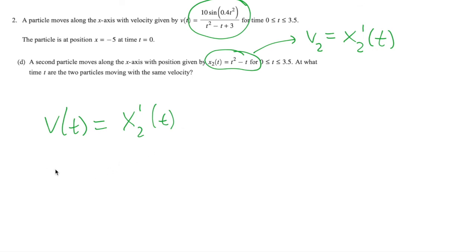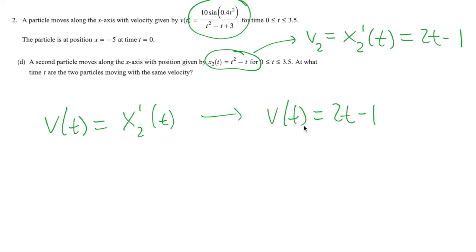The derivative of this is something that you can do. The derivative is going to be 2t minus 1, and this has to be equal to the velocity. So what you can introduce in your calculator is v, the formula v, equal to 2t minus 1.